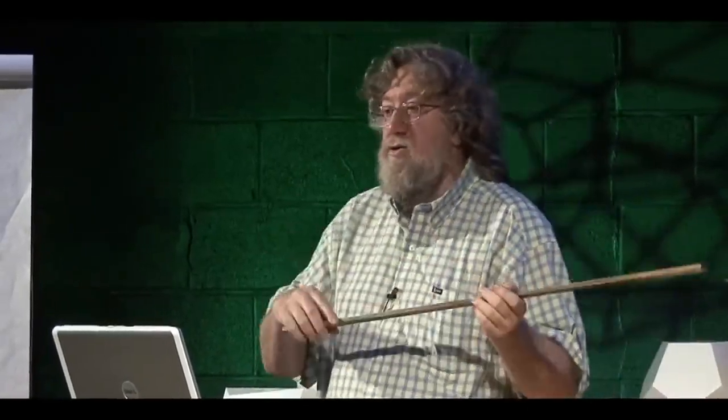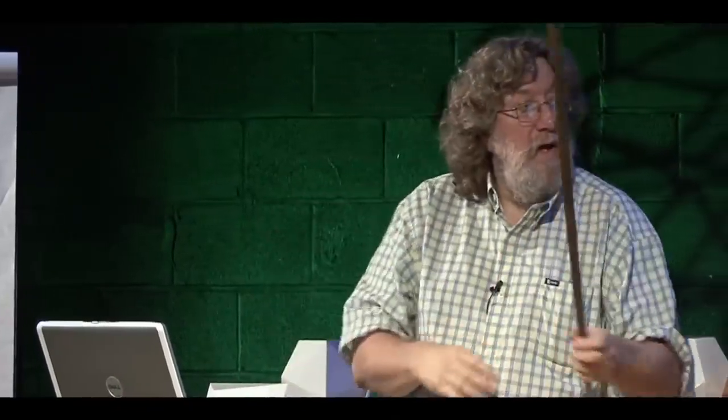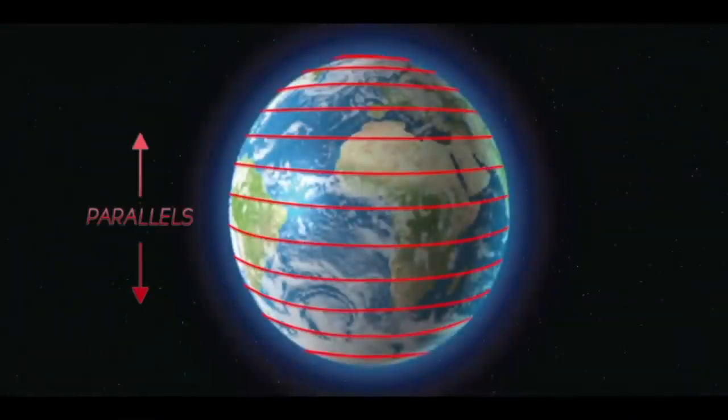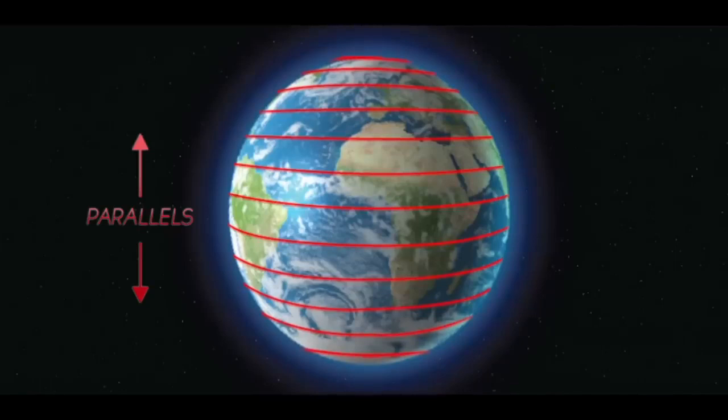Everybody knows latitude and longitude. Latitude is measured north and south of the equator. Longitude is the measure around this way. Parallels are lines that run parallel to the equator. And traveling along one of the parallels, we would be displacing ourselves longitudinally. But parallels actually measure, you can see this parallel here, this is probably the Arctic Circle.